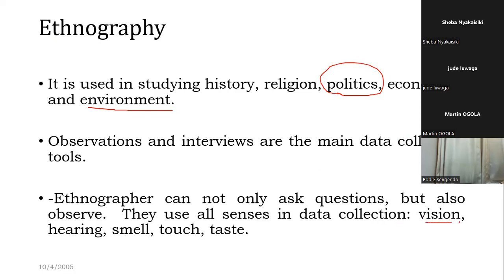Here, the data we collect, unlike, remember when we said quantitative, when we're talking about numbers, it's things that we see, things that we taste, things that we hear. We use all our senses as we collect data. The perceptions we get as we talk to people.